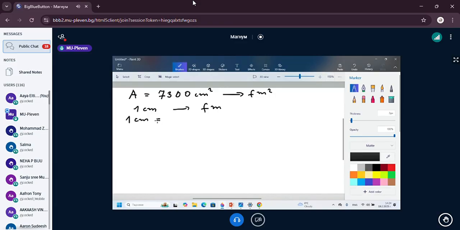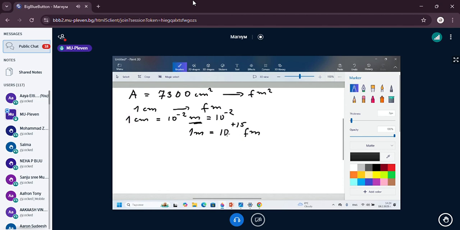So thus it is, centimeter is a smaller unit than meter. That's right. It is 10 power minus 2 meters. But we don't need meter. Femtometer is needed. That's why we rewrite 10 power minus 2. And then this meter, 1 meter into femtometers, is 10 power plus 15 femtometers.